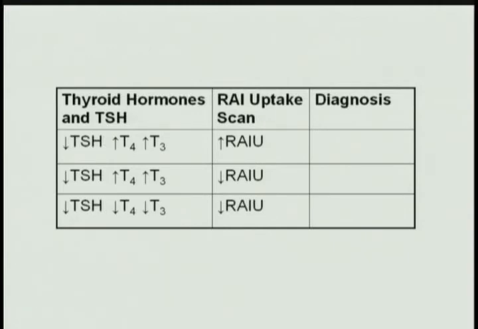The second case is even more interesting because look at this. This patient has an elevated T4 and an elevated T3. Now that's exactly how the prior patient presented. The TSH is decreased. Now this patient presented exactly the same way, but the reason that you thought of doing the radioactive iodine uptake scan is because you noticed that he or she didn't fit the typical patient with hyperthyroidism.